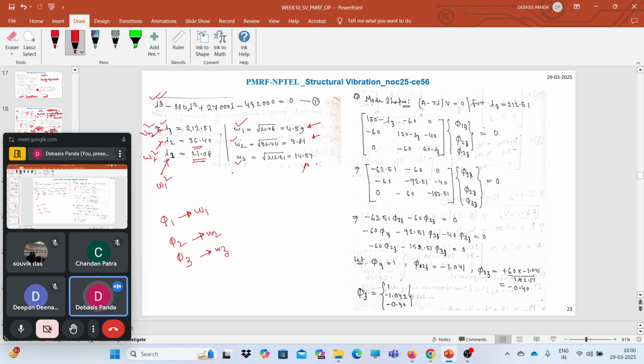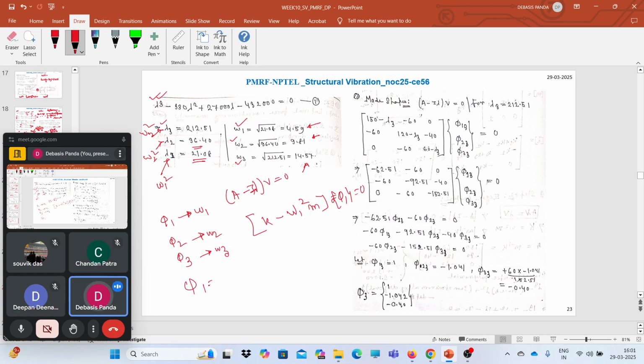That means again we need to formulate the characteristic equation, that is A minus lambda I times V is equal to 0. That means K minus omega 1 square M multiplied by phi 1 is equal to 0.